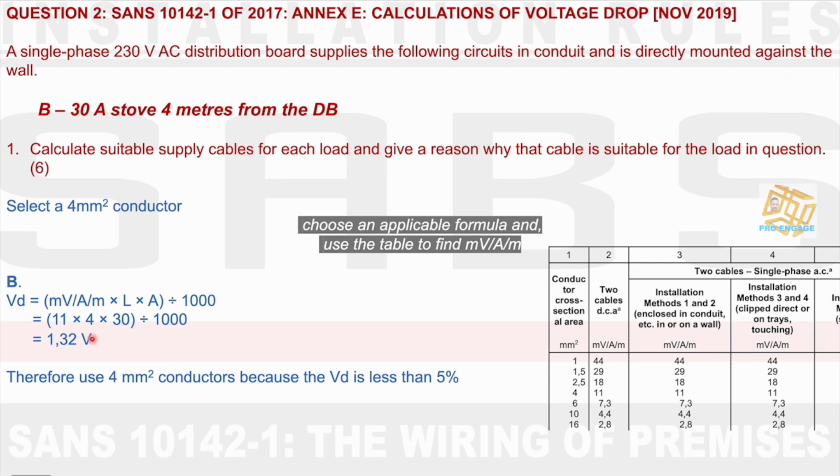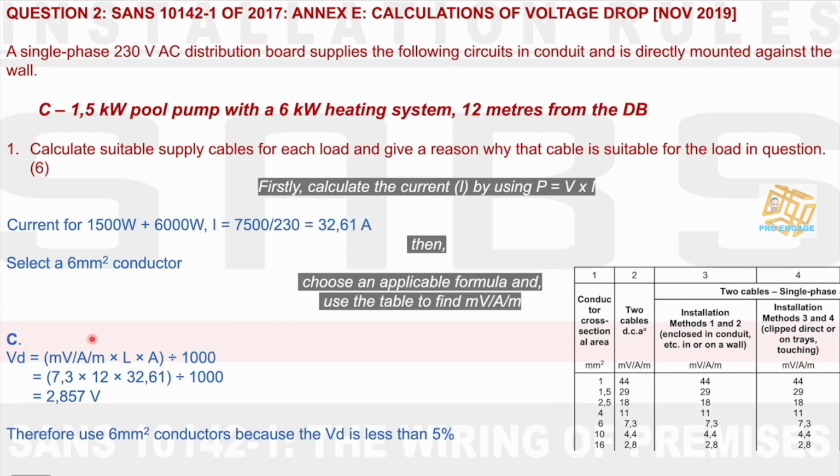Then still on question 2.1, circuit C, I have a 1.5 kilowatt pool pump with a 6 kilowatt heating system 12 meters away, and I say I want now the current for it. Again here, when I measure at the geyser, I measure the amps of the pump as well, and I add the two. I equals a power of 7,500 over 230 volts, and I get an answer of 32.61 amps.